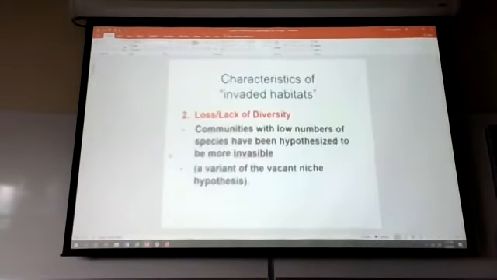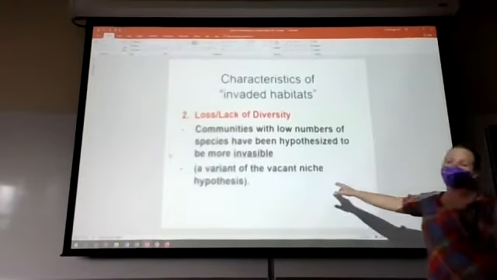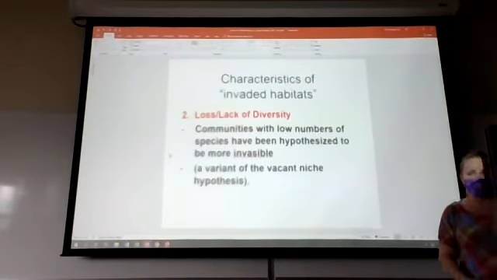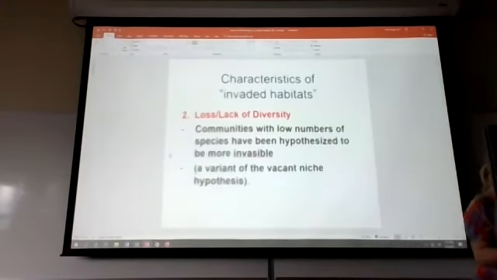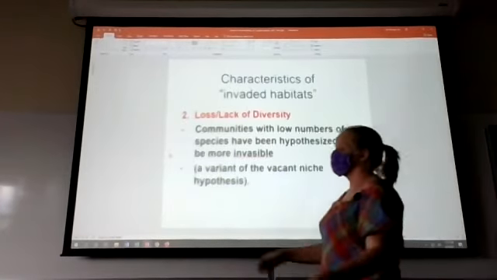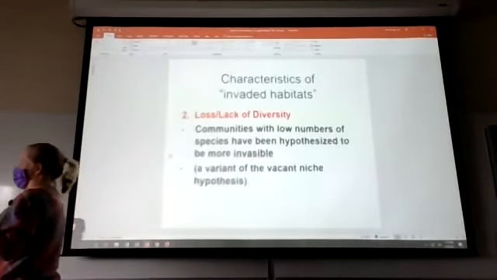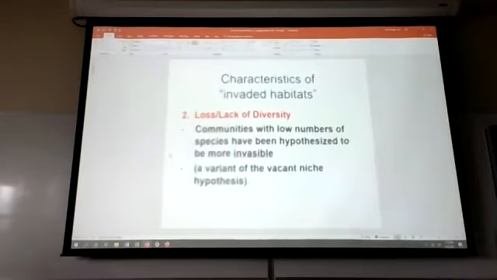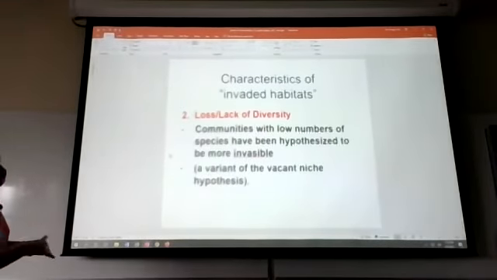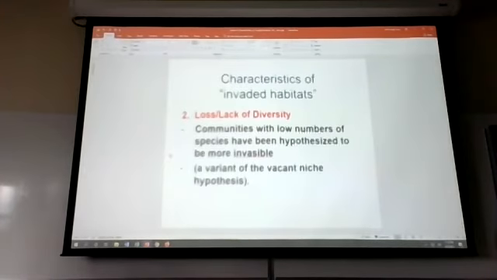So it'll be easier to invade. This is kind of the same concept as the last one: there are resources just waiting to be exploited. And if there's not a lot of biodiversity, maybe there's low biodiversity but a lot of individuals, or there's low population.